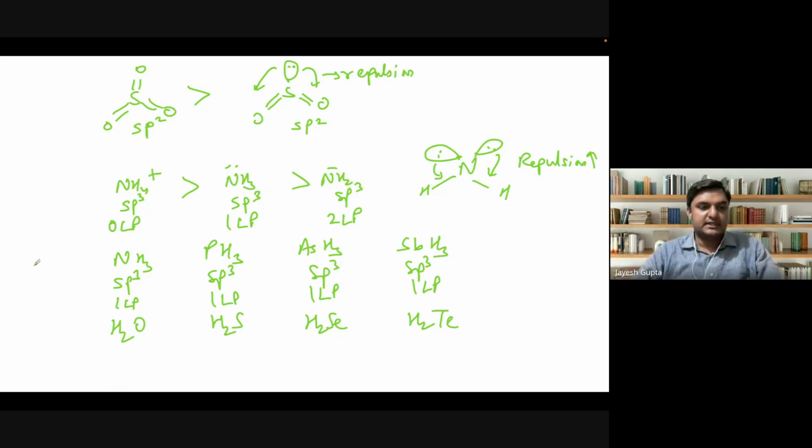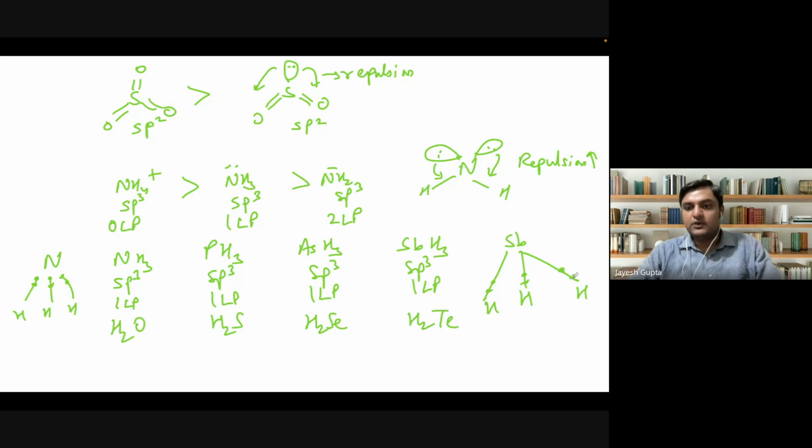For example, if I see here nitrogen, with hydrogen, hydrogen, hydrogen, and I'm comparing with antimony. Antimony has a much bigger size, so that's why less EN. So here the lone pair and the bonded pairs are present very near to nitrogen. And here they will be away from antimony, towards hydrogen.